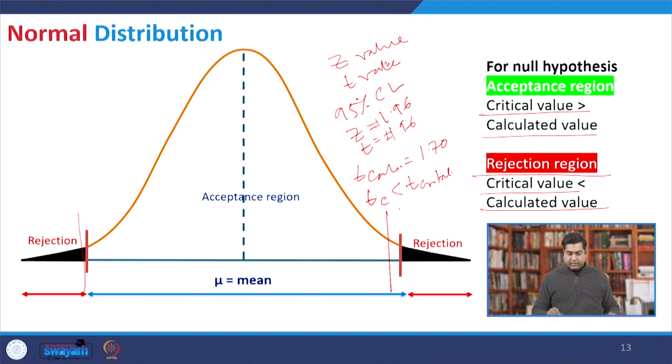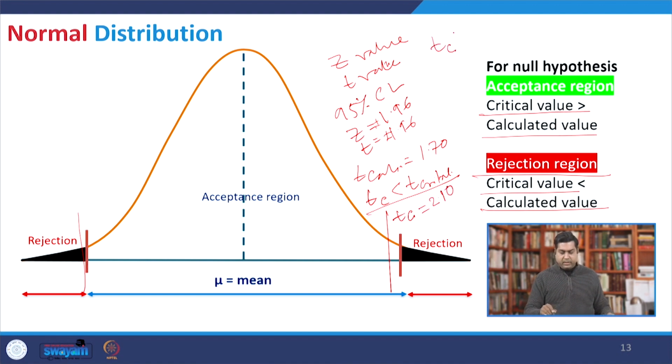Then in this particular case we cannot reject the null hypothesis. Next, suppose the t calculated value is 2.10.